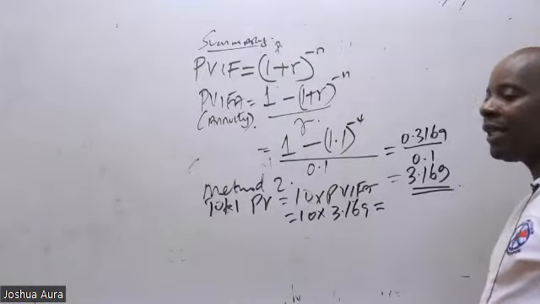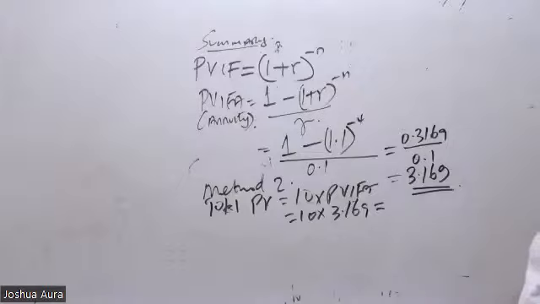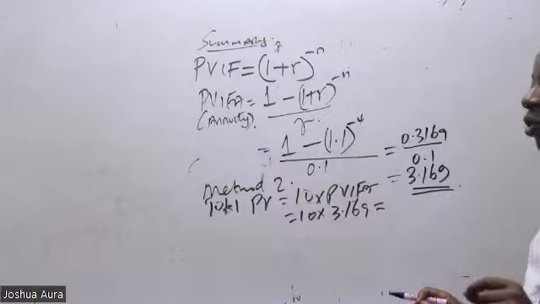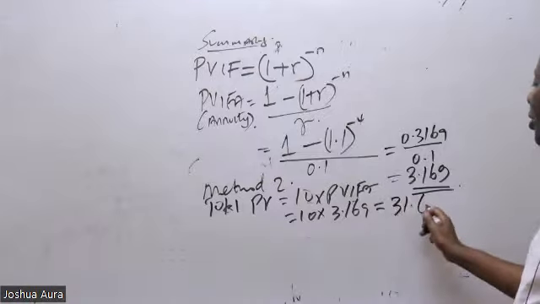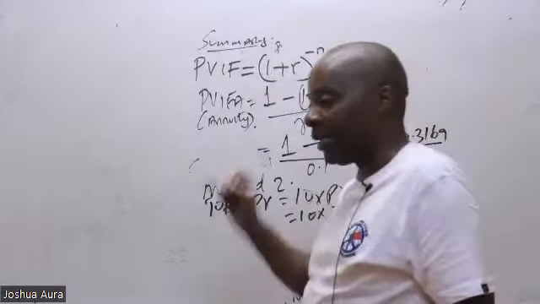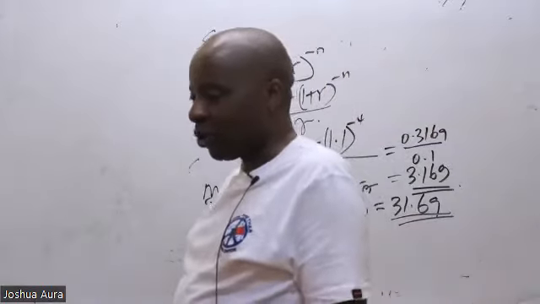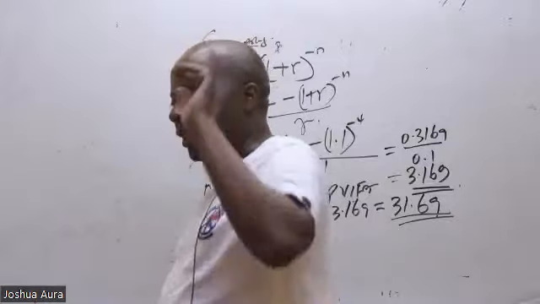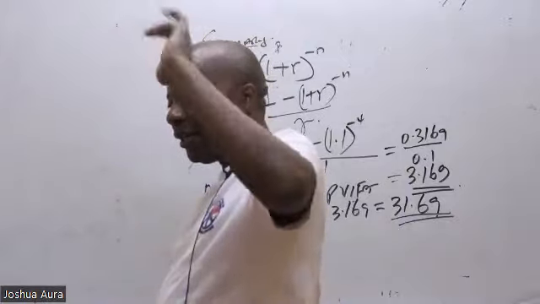What figure are we getting at the end of the day, apart from rounding off errors? The answer that we get here will be very close to what we had obtained using the other formula. Is there somebody who is able to compare the answer that you're getting here with the answer we got using the other method?